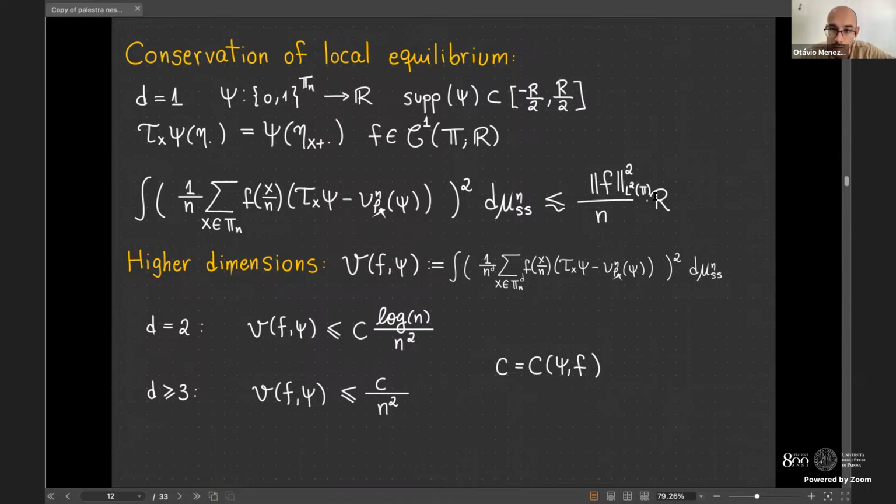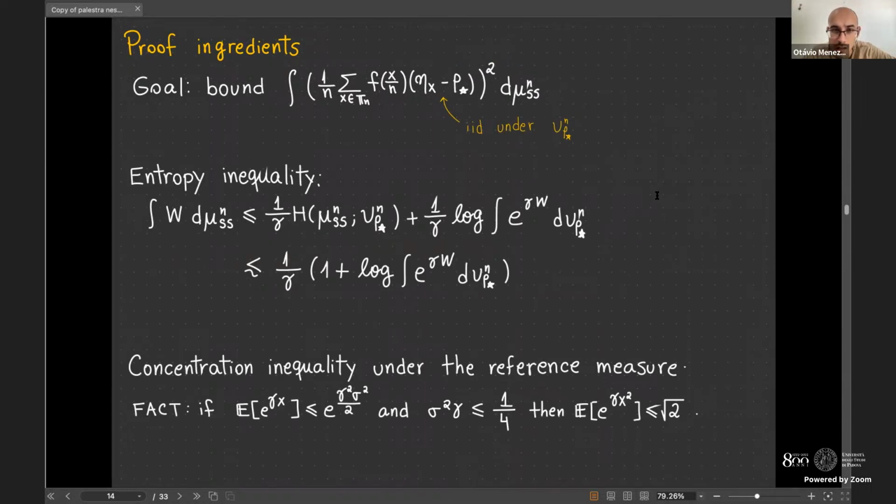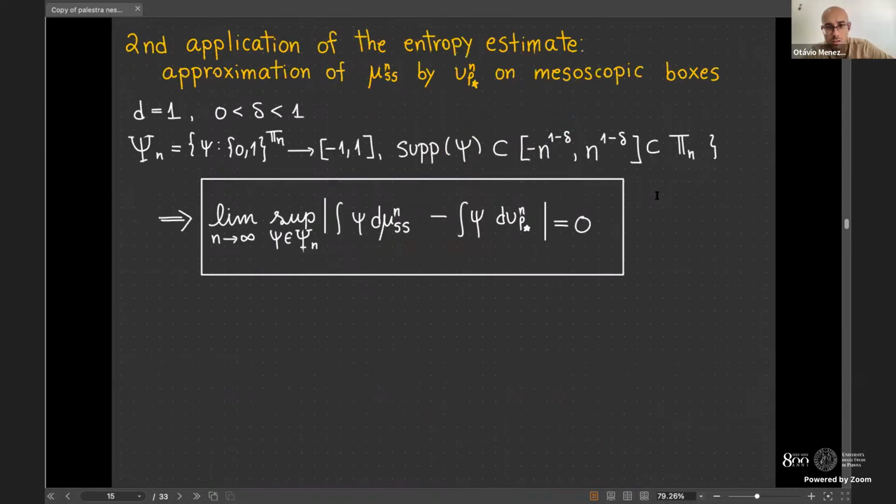You can push it, say, to square root of n or even bigger. So what you can do is a sort of approximation of the stationary measure by the IID measure in total variation on a mesoscopic box.